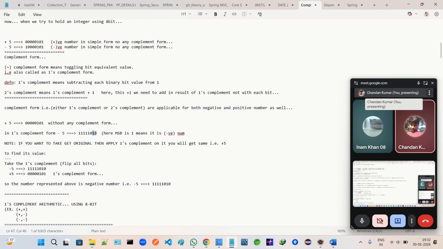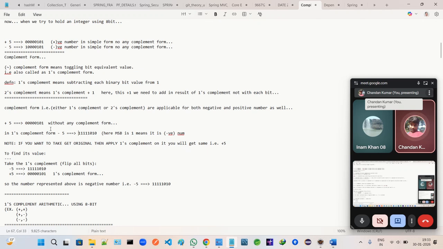Now the third bit is 1, so you subtract this 1 from 1, because we are calculating one's complement, so from 1 we subtract each bit. 1 minus 1 is 0. The third bit is 0. The remaining bits are all 0 0 0, so from 1 you subtract 0 0 0 and you get 1 1 1. This complement form is also applicable on the sign bit, so 0 to 1 or 1 to 0.